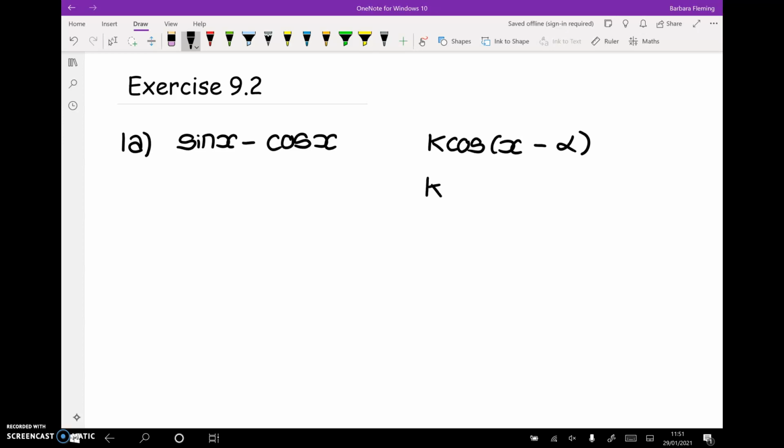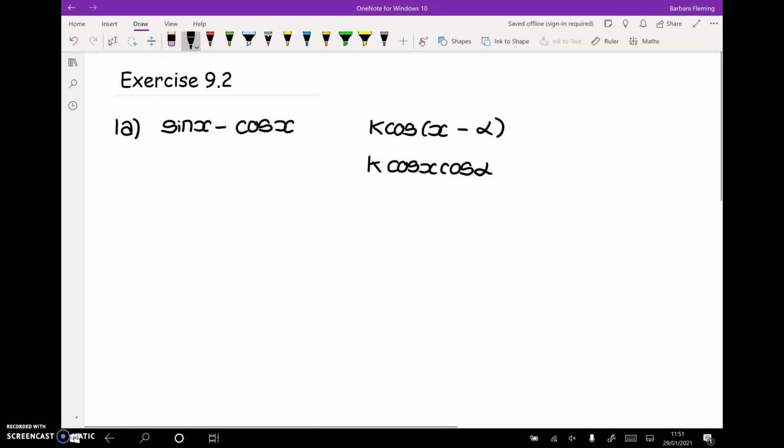So we've got k cos x cos alpha, and if it's a takeaway it's going to be a plus, and don't forget your k again, sin x sin alpha.